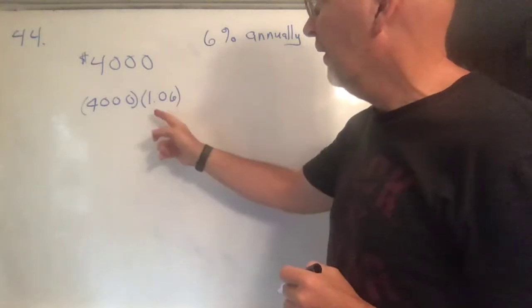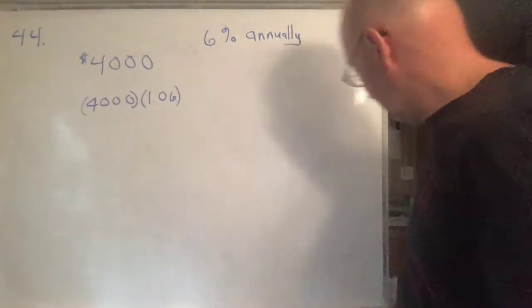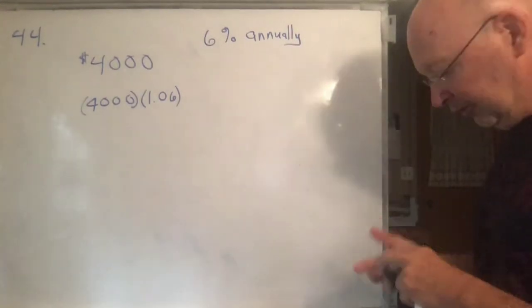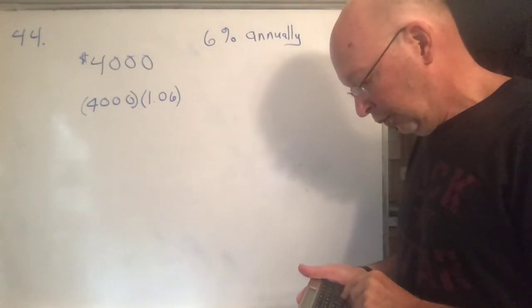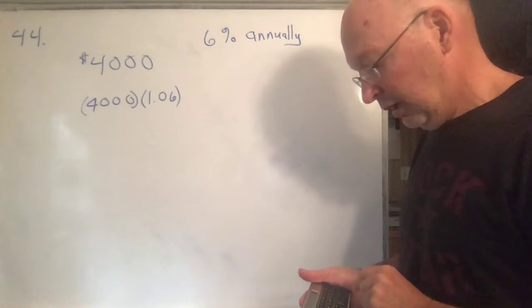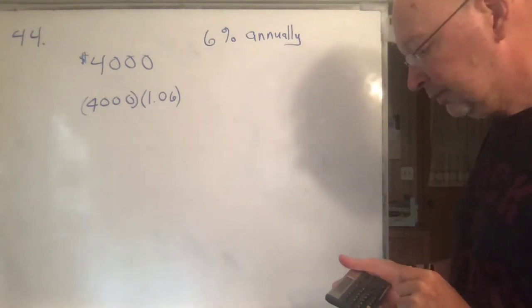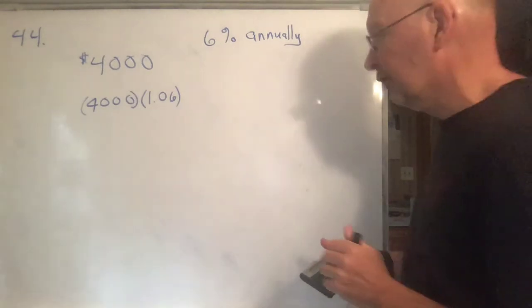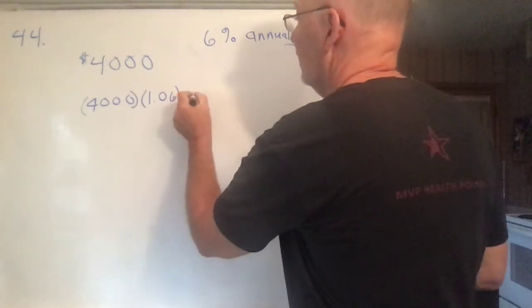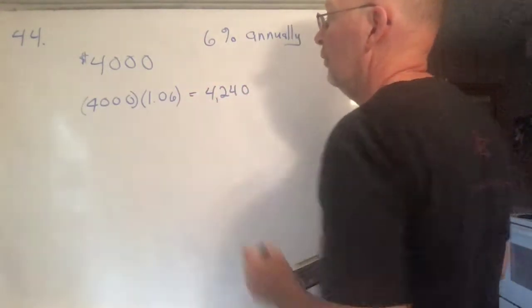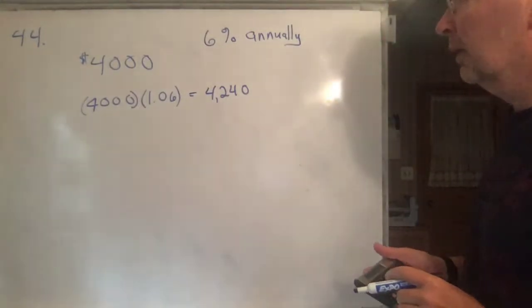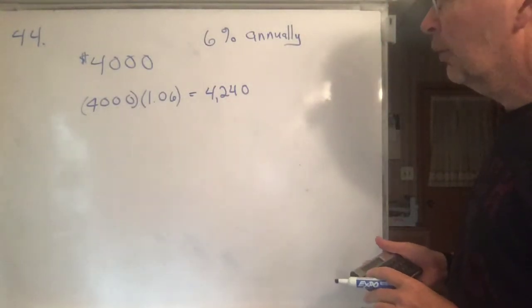And so you multiply that out, and you're going to get, let's do it here, 4,000 times 1.06, and you get $4,240. Okay, so that would be $4,240 by the time you have that in the bank 1 year.